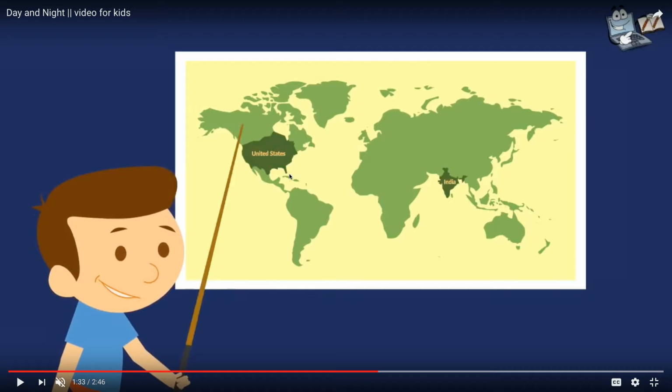Since they're on opposite sides of the Earth, it means that when it is nighttime in India, it is daytime in the United States, and vice versa. When it is daytime in India, it is nighttime in the United States.